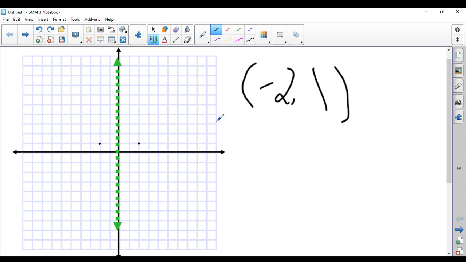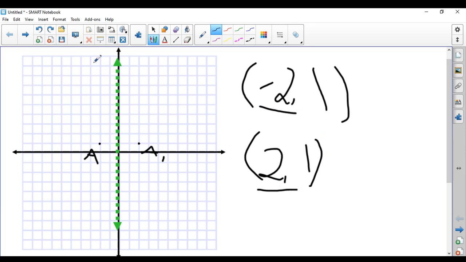All right, as for fun, I'll just say, okay, this is point A1, this is my reflection, this is A, my reflected coordinates are 2, 1. And that'll largely be the same with a vertical line of reflection, that this was -2, cross that axis, now it's +2 if I'm using the y-axis as my line of reflection.